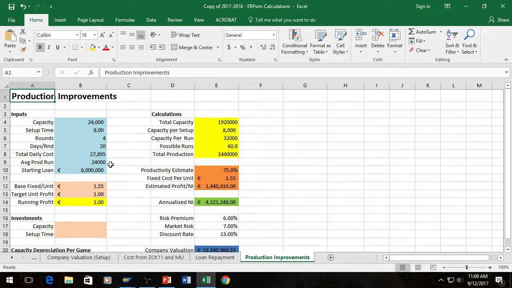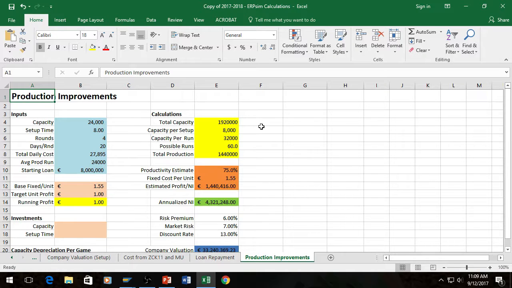With an average production run of 24,000 plus the 8,000 when switching products, our capacity per run is 32,000. So if we take that into the total capacity, we can see we have 60 possible runs. If we have perfect production throughout, every single time we convert, it's 24,000, we'll get 60 runs. That means our total possible production is 1,440,000.